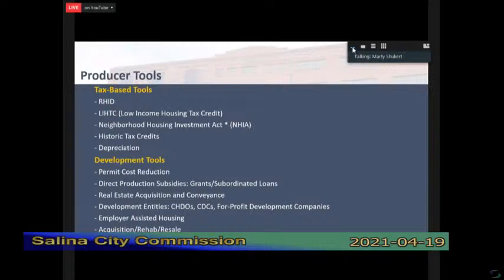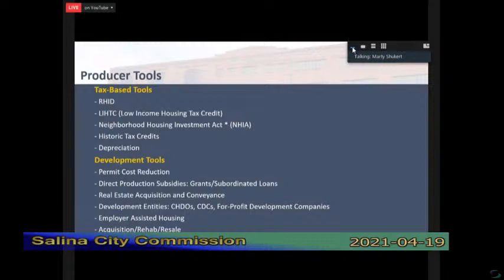CHODOs, incidentally, have a 10% special allocation of LIHTC funding, and under the NHIA would also have a 10% reservation for NHIA-funded projects. So they have a kind of advanced position for some of these tax credit programs.